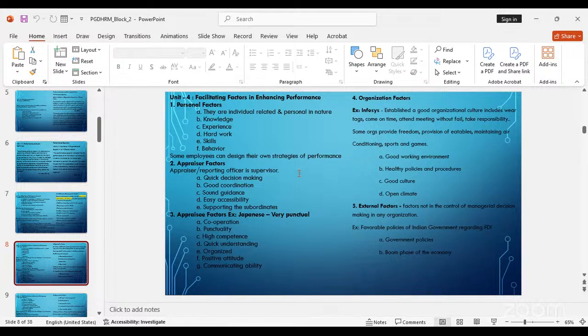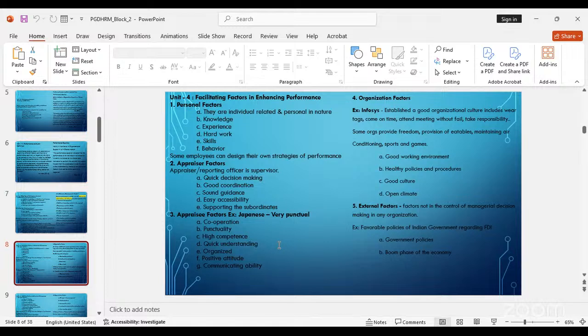From the appraiser side, or reporting officer or supervisor side: quick decision making, good communication, good coordination, sound guidance, easy accessibility, supporting the subordinates. These are the factors which will facilitate a better performance.